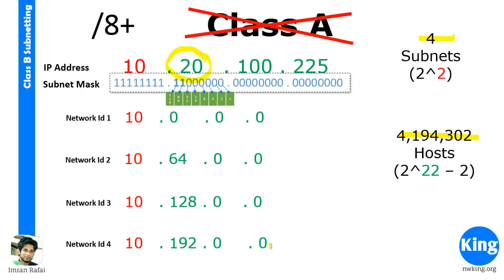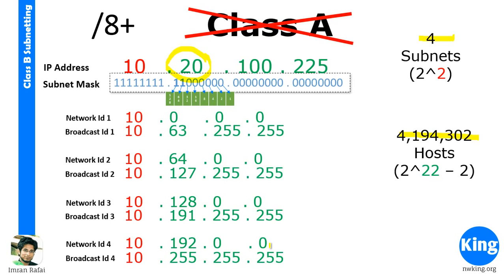We did this so many times. By now you guys should be doing it without even thinking about it. So it is 10.63.255.255. Broadcast ID 2 is 10.127.255.255. Broadcast ID 3 is 10.191.255.255.